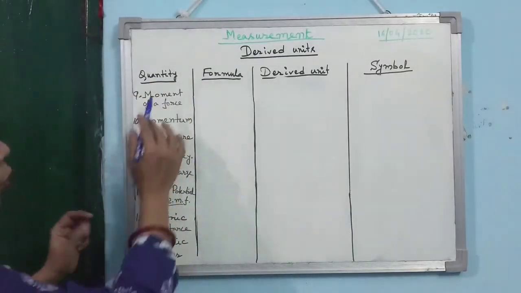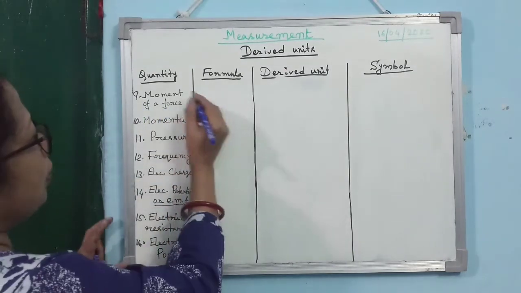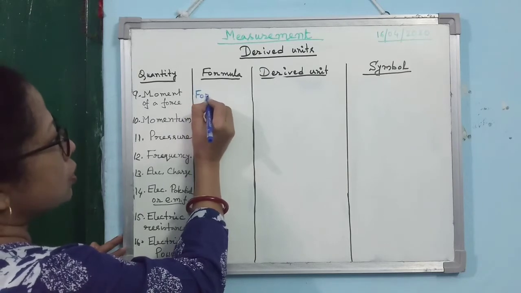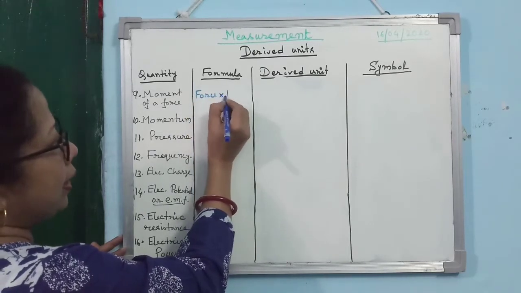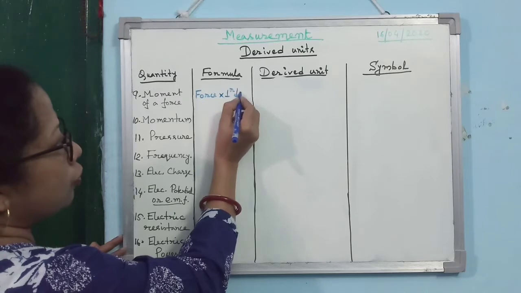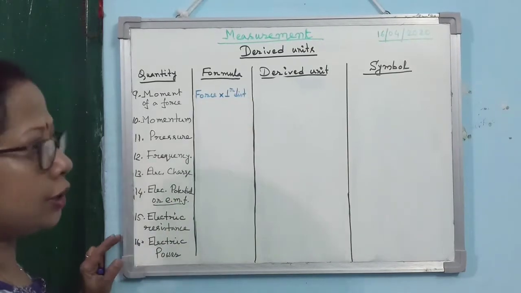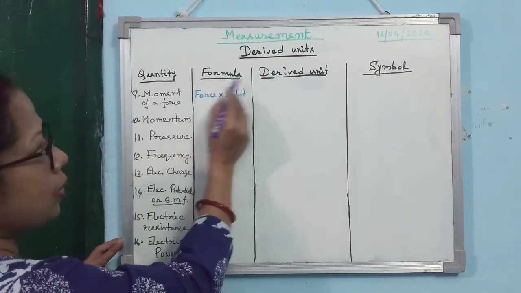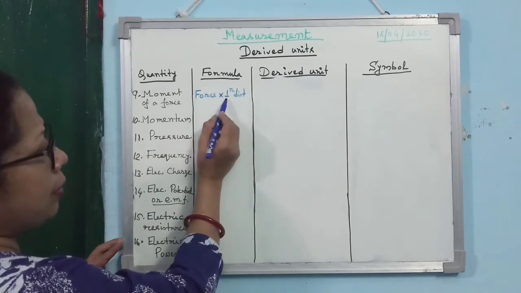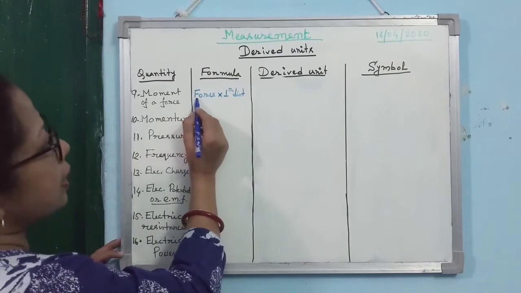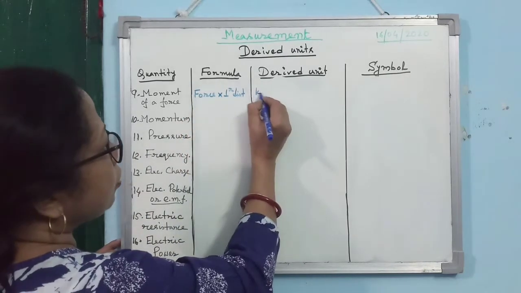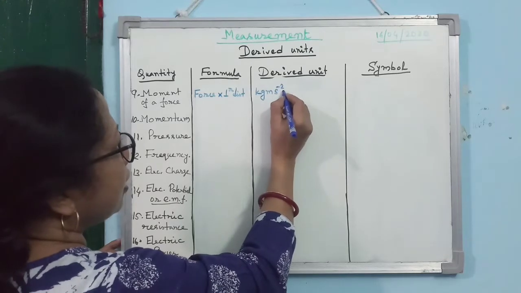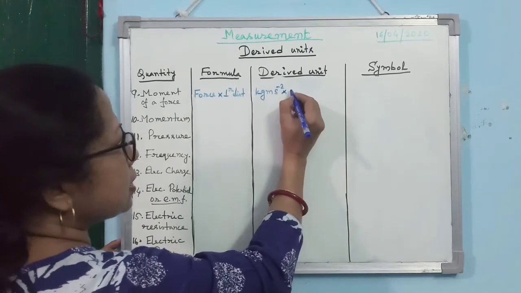Next is moment of a force. Now moment of a force, we define it as force multiplied by perpendicular distance of the force from the axis of rotation. Now here you don't have to write the full perpendicular distance and all, because we need only the unit. So if you write perpendicular distance, it is enough. Now what is the SI unit of force? You know, you can write it as kg meter per second square, and perpendicular distance means it is distance only.